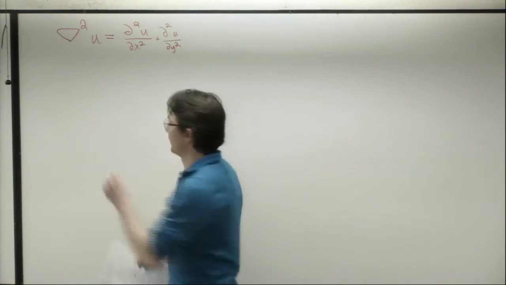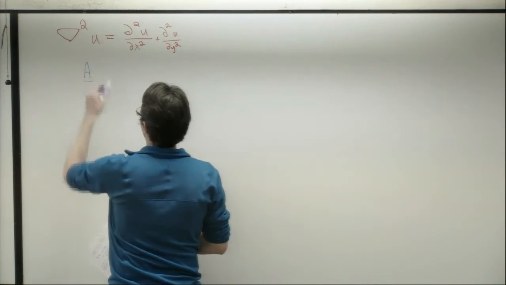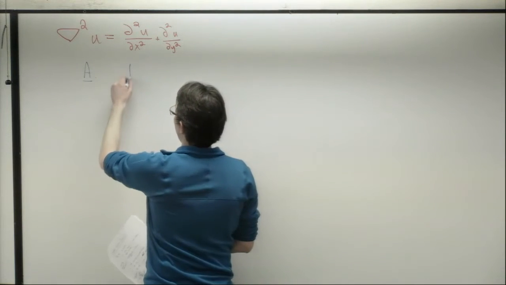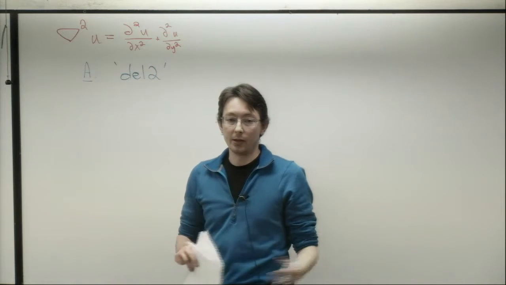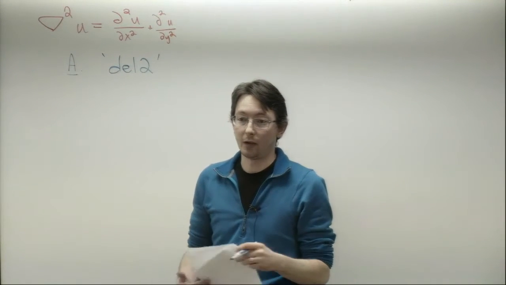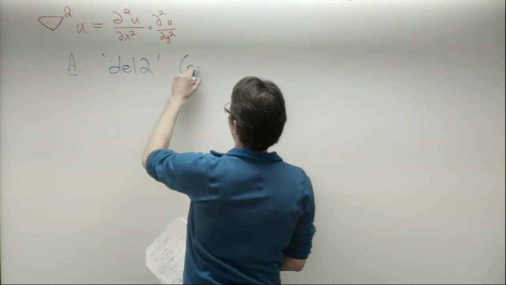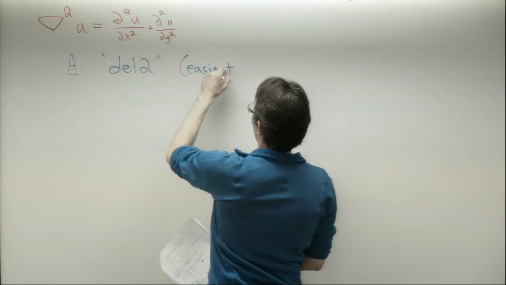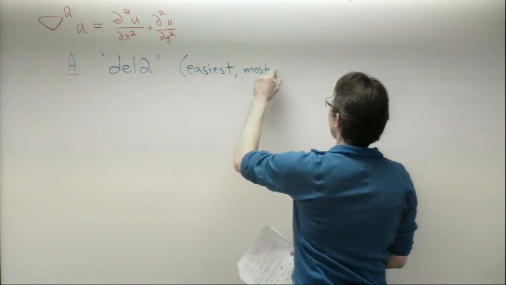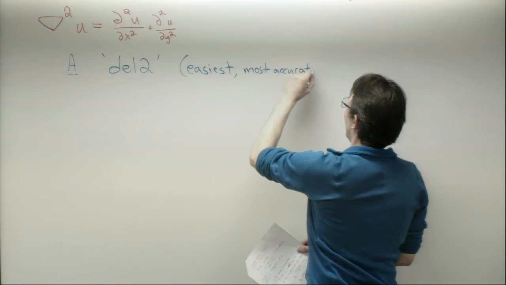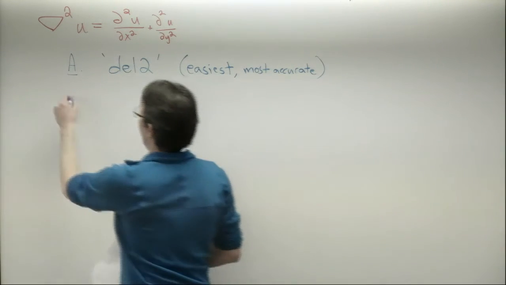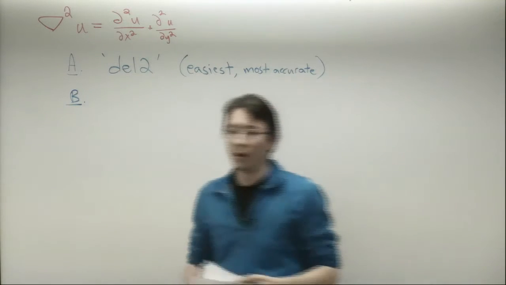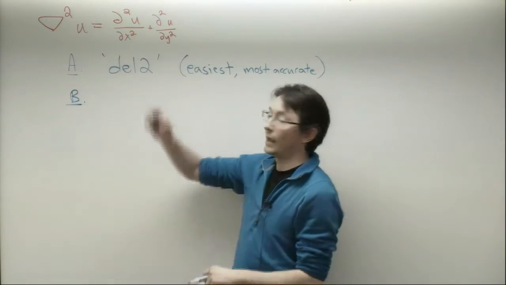So first of all, there's a really easy command in Matlab called del2. So del2 will compute the Laplacian of my matrix. Okay, so this is the easiest and most accurate. But I don't really know what del2 is doing under the hood, so I'm going to tell you how we would do this by hand if you had to. So how would you compute this derivative by hand if you needed to?